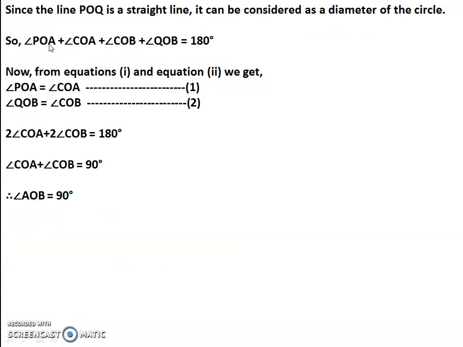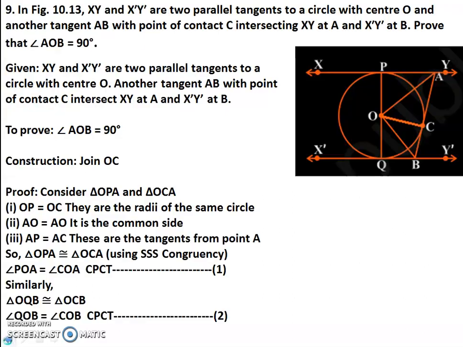Now, angle POA plus COA plus COB plus QOB. Let's see in the figure. These four angles: 1, 2, 3, 4.